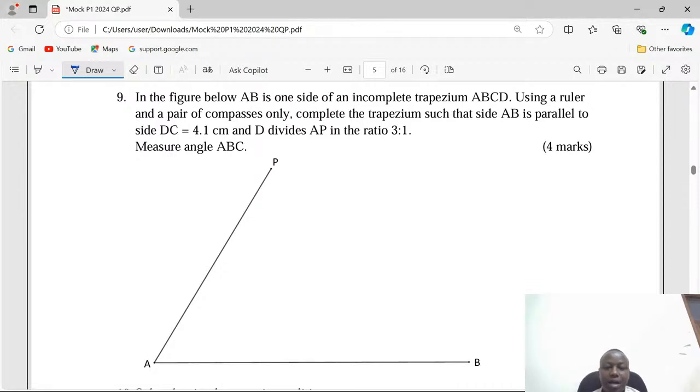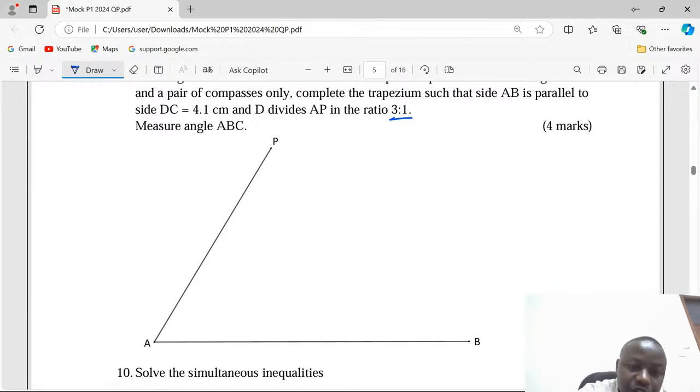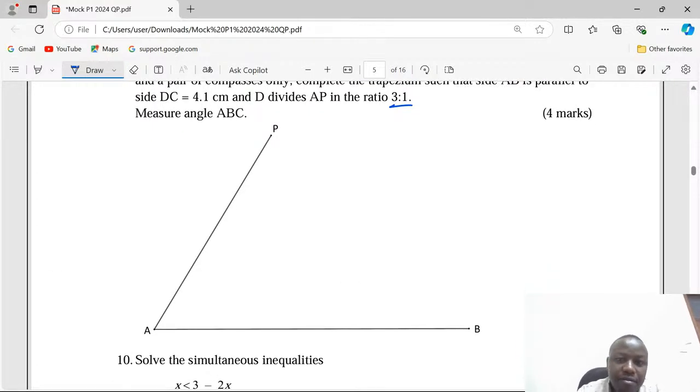Measure angle ABC. What we're supposed to know is that the total proportions of AP according to the ratio are 4. Remember, I'm just demonstrating because I don't have geometrical tools conversant with the screen that I'm using.